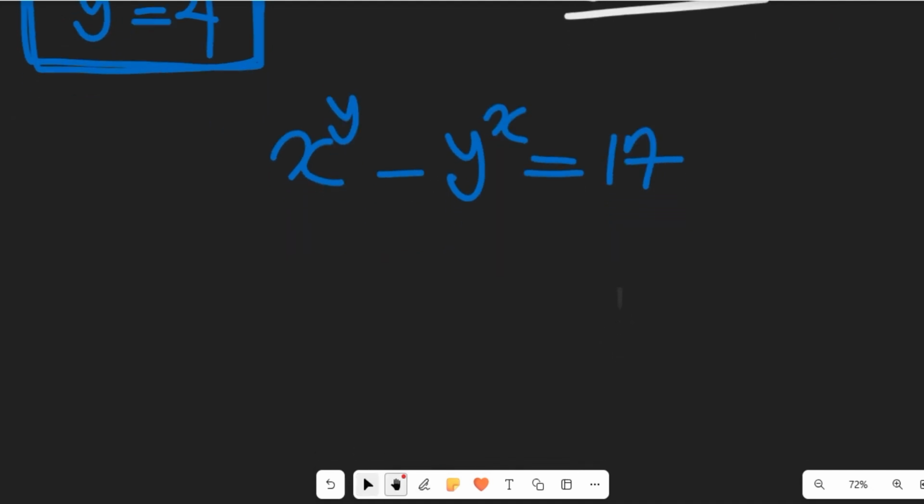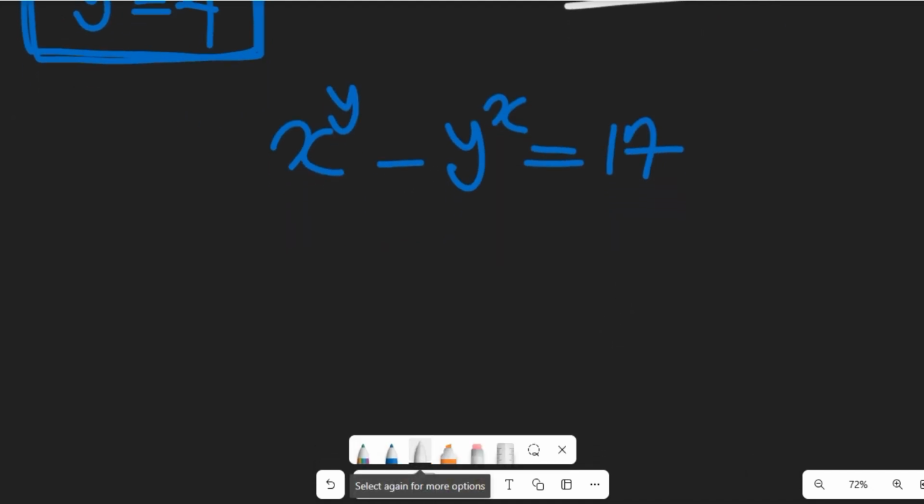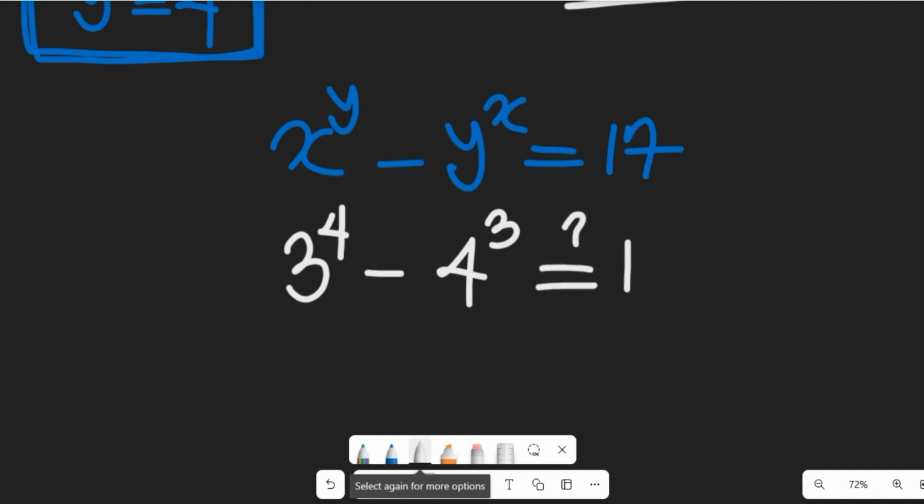From that equation, you go see say if we put the value of x, x na 3 to the power of 4 minus this one na 4 to the power of 3. Say dem fit be equal to 17. Make we see am. 3 to the power of 4 na 81, and 4 to the power of 3 na 64.